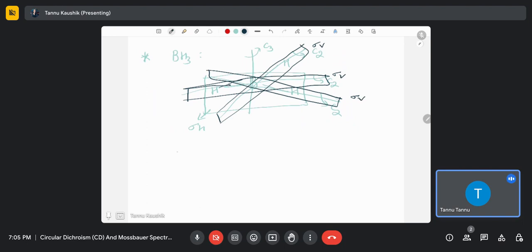So in this molecule we have the identity operation, then C3 axis of rotation as the principal axis, 3 C2, then sigma h, and 3 sigma v. So the point group of BH3 is D3h.